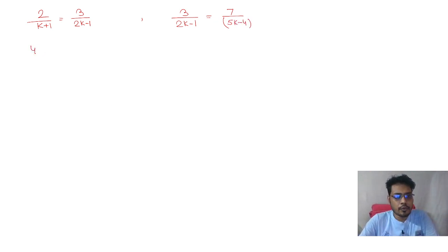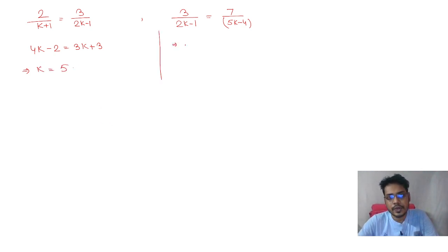Now here, cross multiply: 4k minus 2 is equal to 3k plus 3. So 4k minus 3k, that means k is equal to 3 plus 2, that is 5. Now check here as well: 15k minus 12 is equal to 14k minus 7.